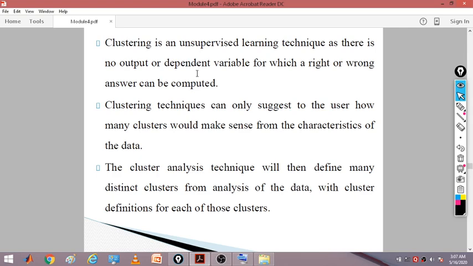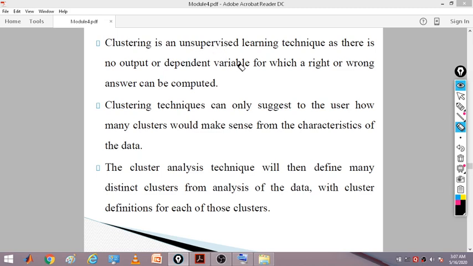But in this case there is no output or dependent variable, so it is called unsupervised learning.